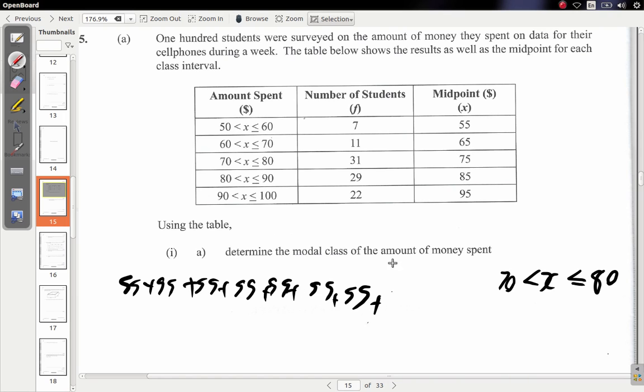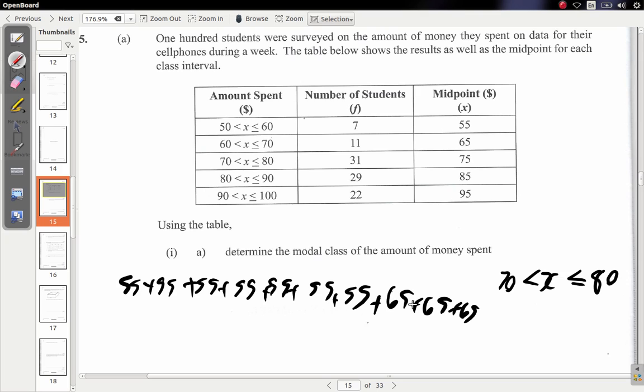Then you have 65 plus 65 plus 65 and so on, 11 of them. But instead of adding 55 seven times, just multiply 55 by 7 and you're done.